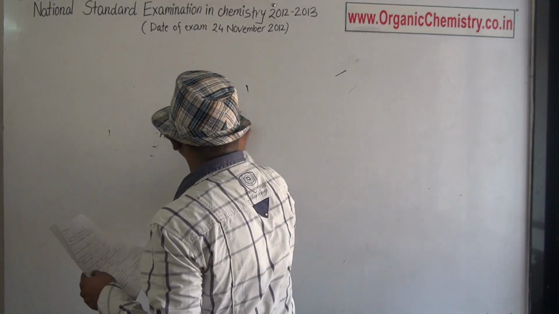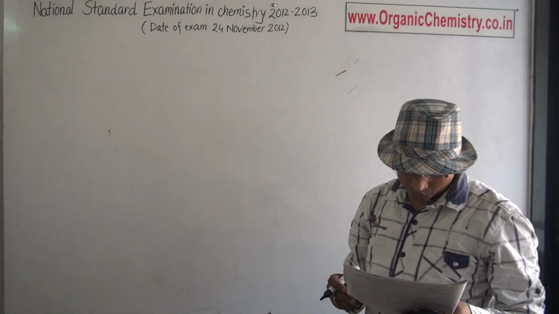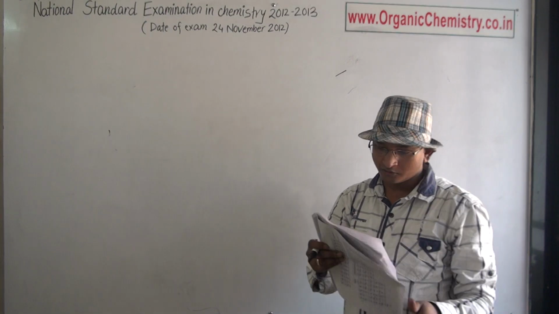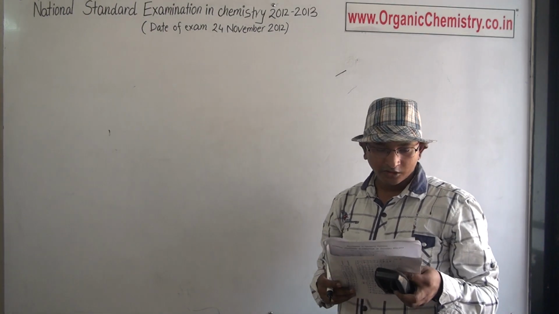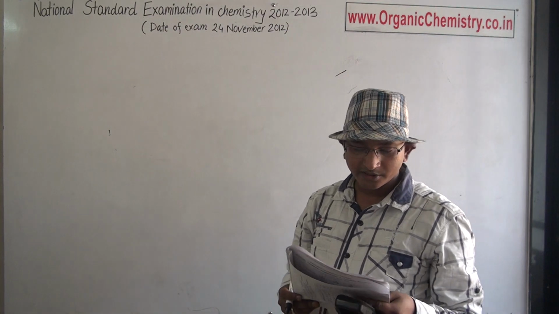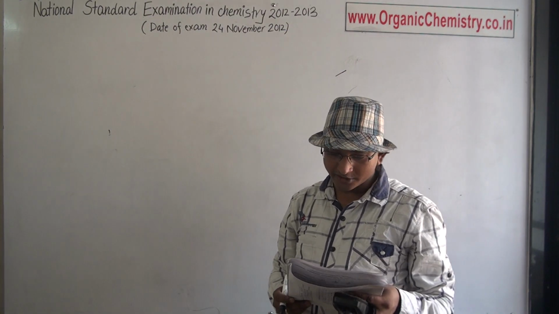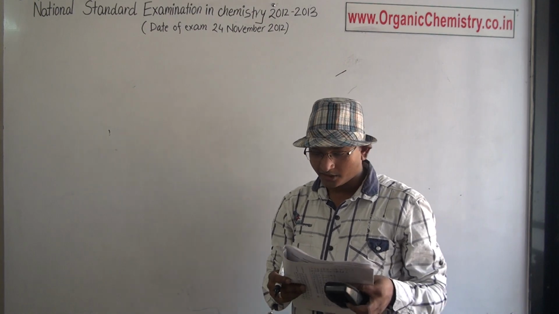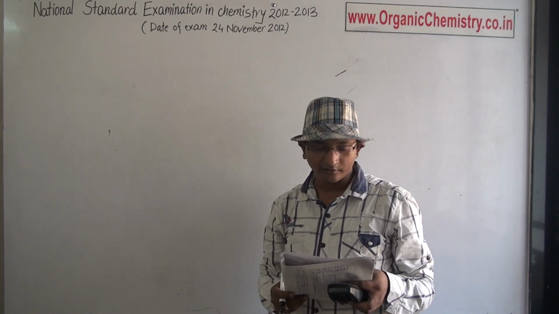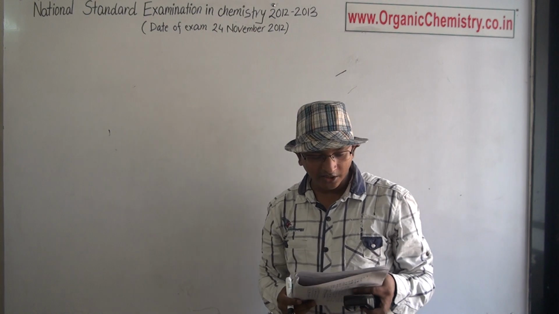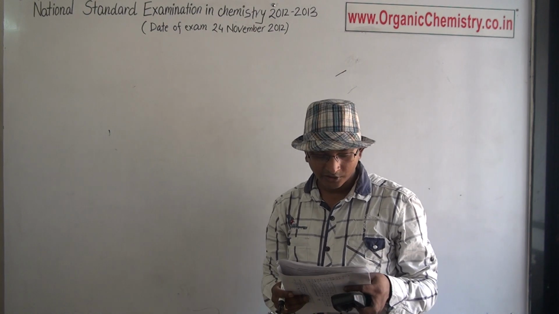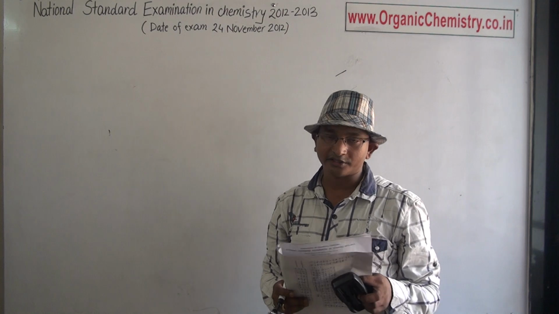So the answer is sucrose. Now the last question. The genetic material of a cell is made of first protein, second nucleic acid, third fat, and last carbohydrate. And we know that the genetic material of a cell is made up of nucleic acid. So the answer is B, nucleic acid.